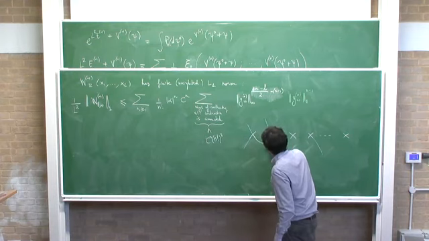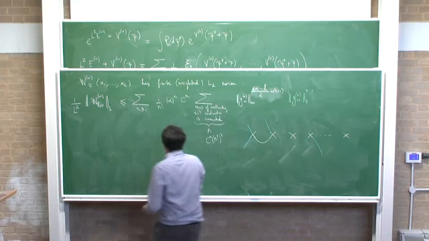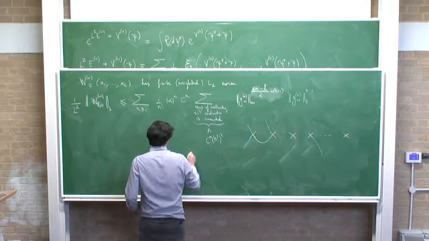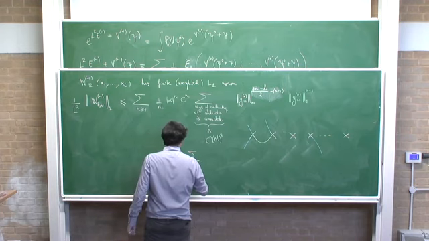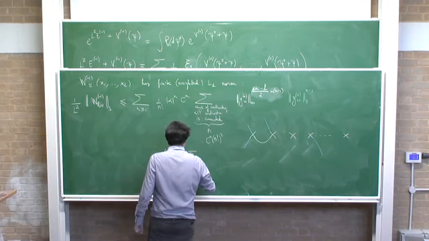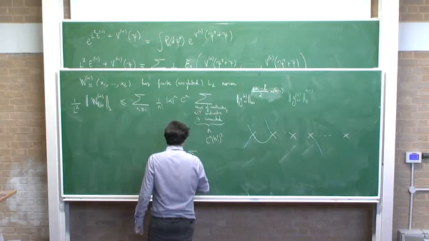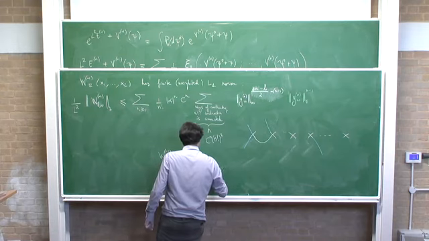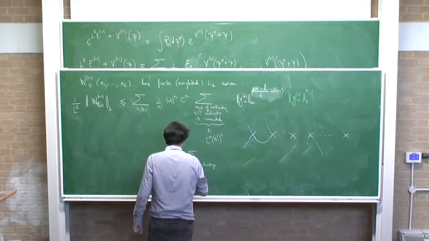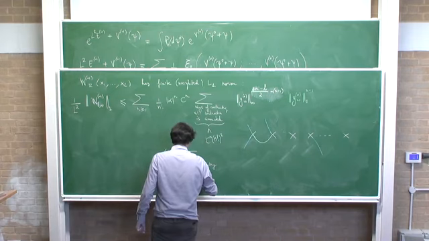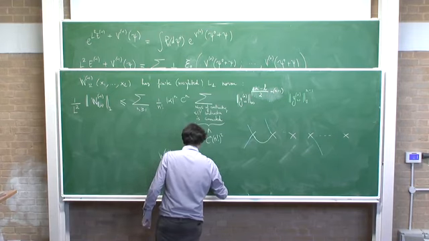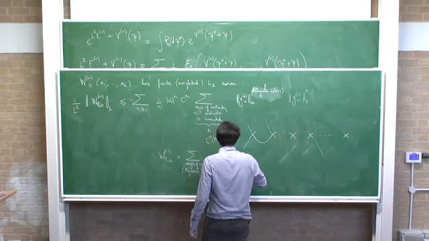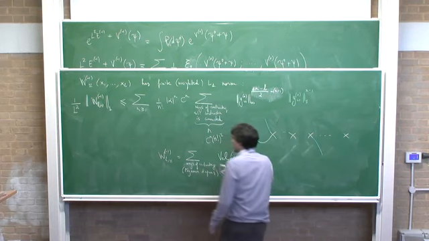Remember, originally VW1 was something like a sum over contractions, ways of contracting, which in the physics language are called Feynman diagrams, of the value of the contraction. So this is what we originally have.